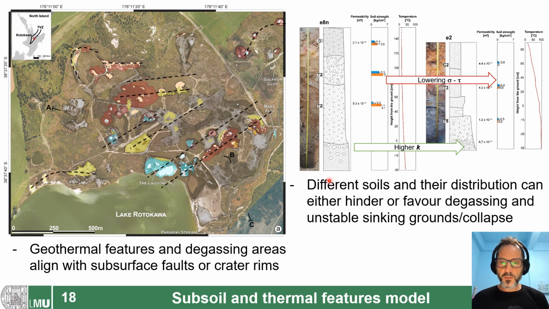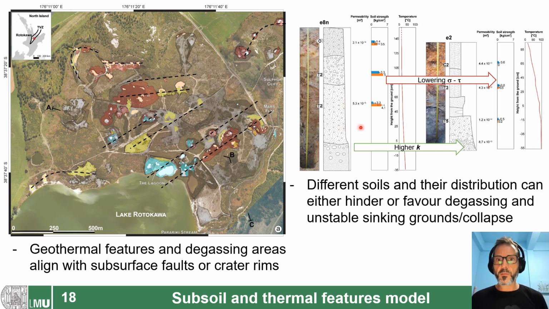Concerning the role of the soils in the distribution and the characteristics of the thermal features, the results show that fine-grained or clay-rich soils can have low permeability and be on average decently stiff, and they influence the hydrothermal degassing towards the surface or in the horizontal direction.